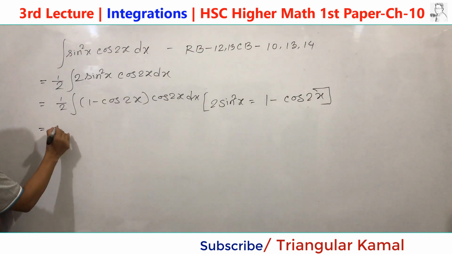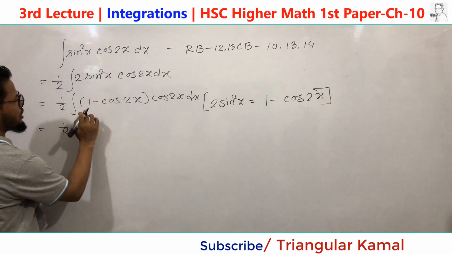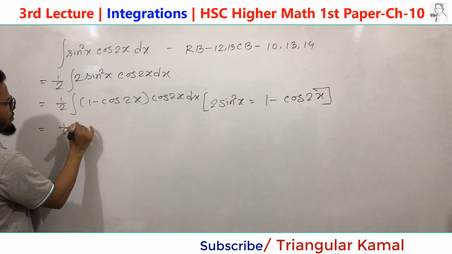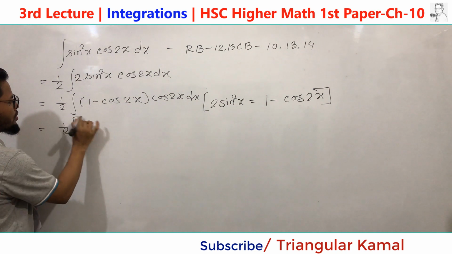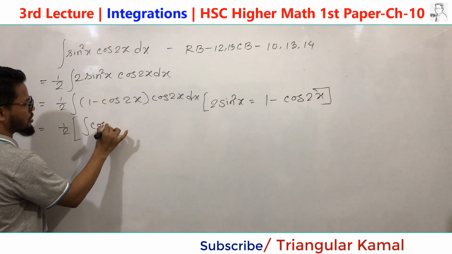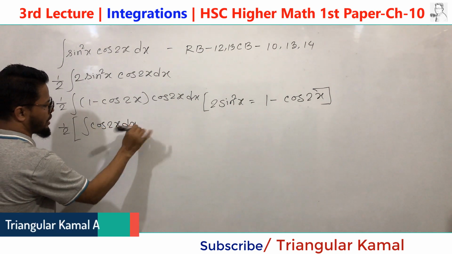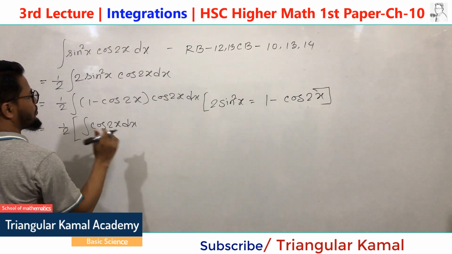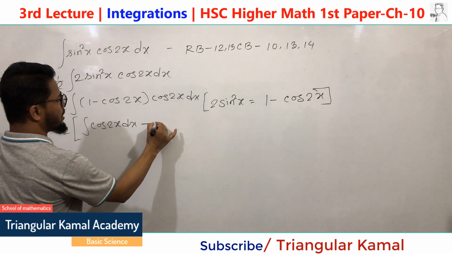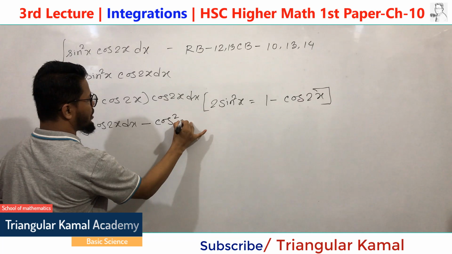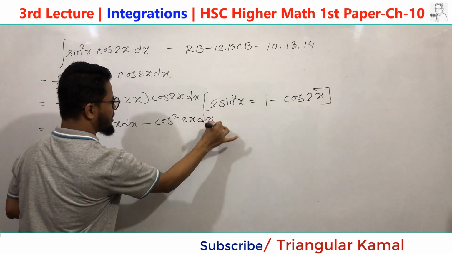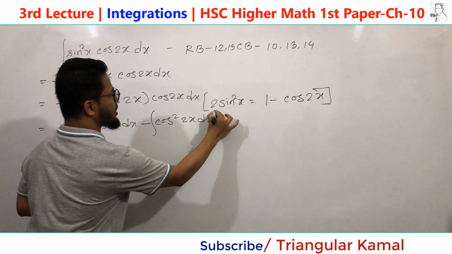Now do the multiplication. This one will be integration of cos twice x dx, and then minus cos square 2 times of x dx, also separated as an integration part here.